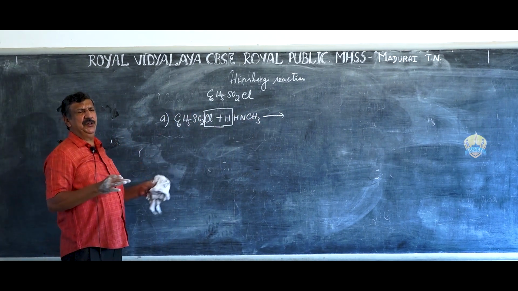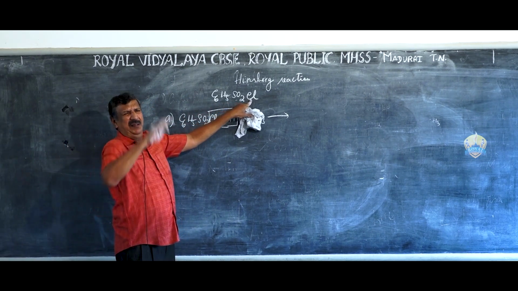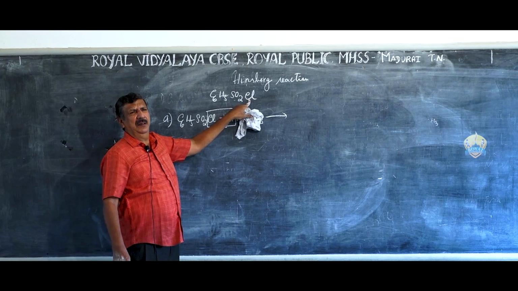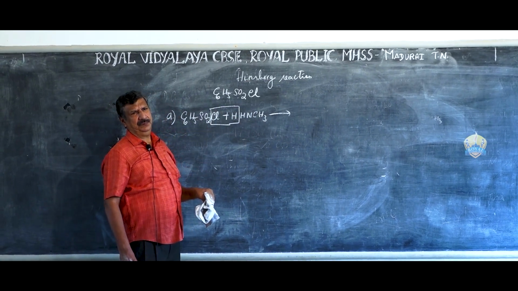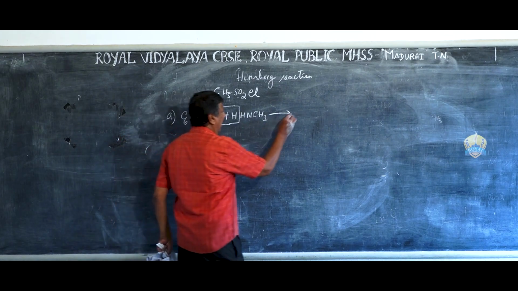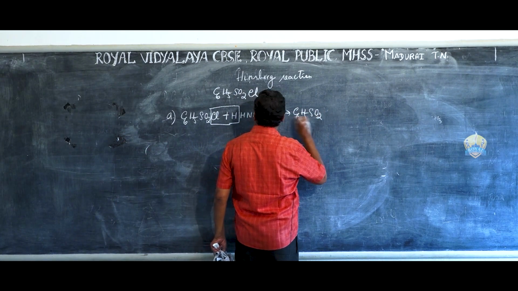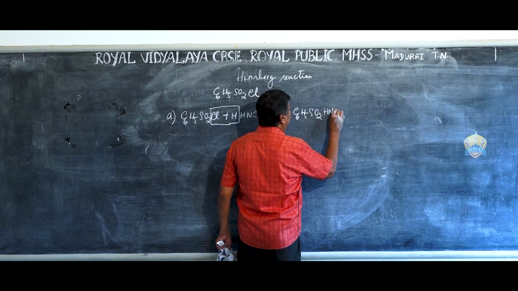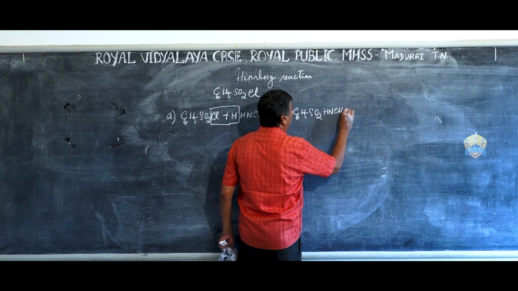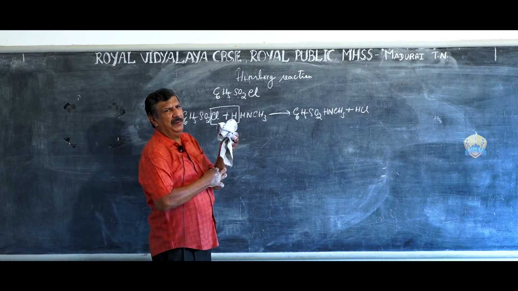This is the technique you should know. Whenever you write a chloride compound, the chloride will be eliminated and it needs some hydrogen from the other compound. So the product will be like this: SO2 HNCH3 plus HCl. What is the name of the compound?